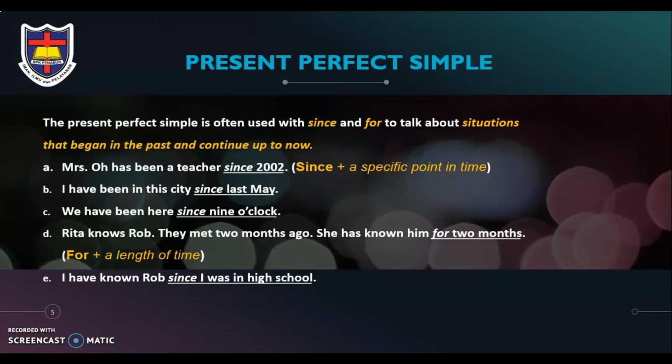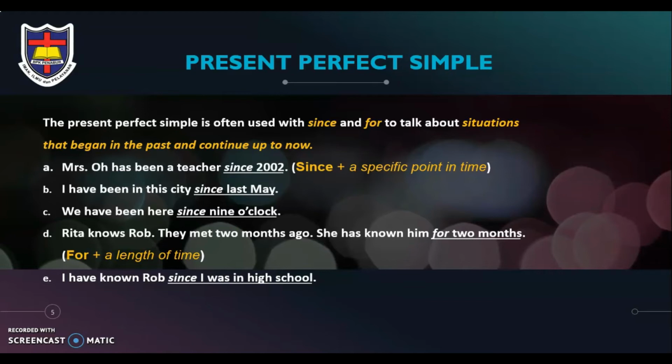Since is followed by a specific point in time, so since can be used whenever you want to stress the starting point of the activity. But for, look at point D. Rita knows Rob. They met 2 months ago. She has known him for 2 months. For plus a length of time. Whenever you want to focus on the duration of time, you have to use for.